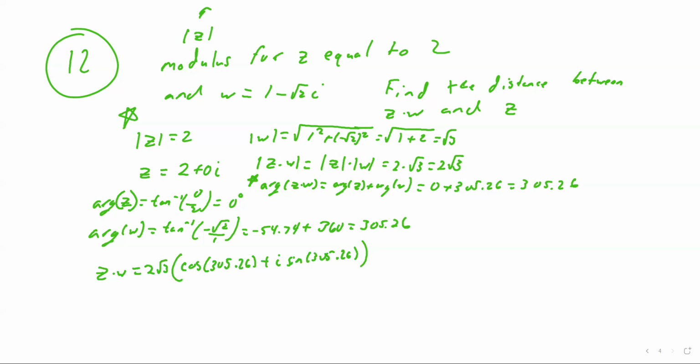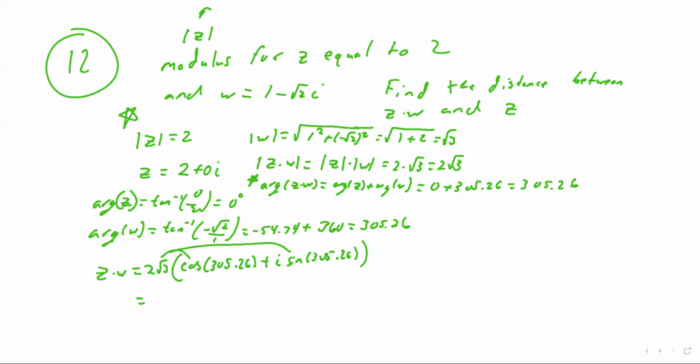Obviously, this is not on our unit circle. So make sure your calculator is in degrees and then go tell me what the answer is. To save yourself some time, you could technically just do 2 square root of 3 times cosine of 305.26, get the decimal, and then do 2 square root of 3 times sine of 305.26, get the decimal, and then you'd be good to go.